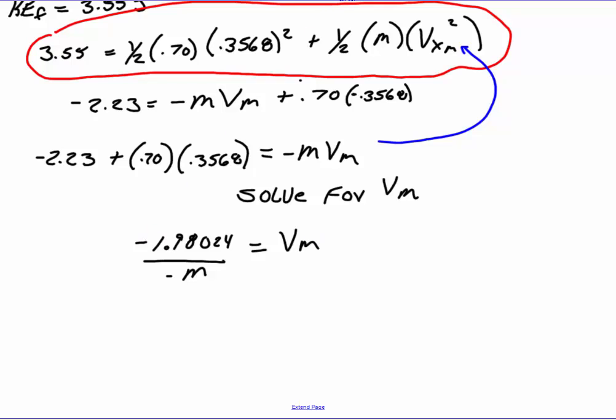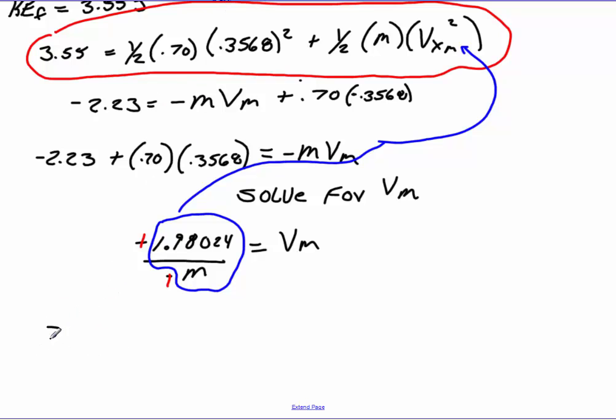These cancel out. We're going to take that value right there, and now we're going to put it back into this equation here, and we're almost done. It's going to give me 3.55 is equal to, and actually I'm going to multiply by 2 as we go along and save some time. So 3.55 times 2, I'm just eliminating the 1/2.